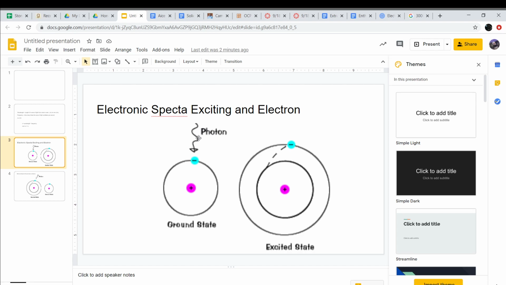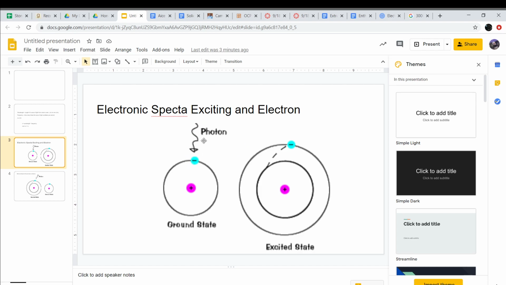A photon is a single piece of light, and it might absorb that energy from that photon. When that happens, it can go into an excited state, which pushes it up to the next level. That's what's going on when we excite electrons.